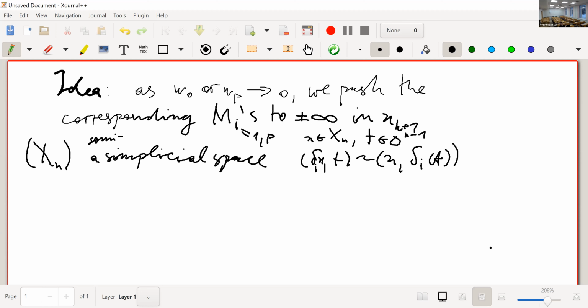It's probably bad to use the same delta on the left and on the right, but I think it's comprehensible.